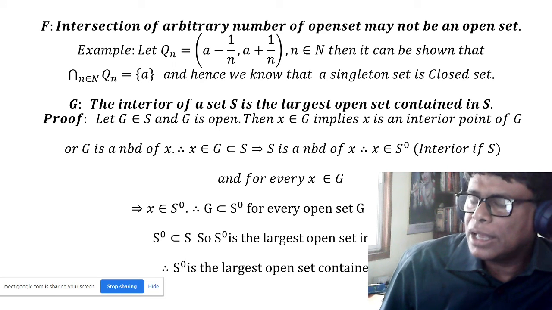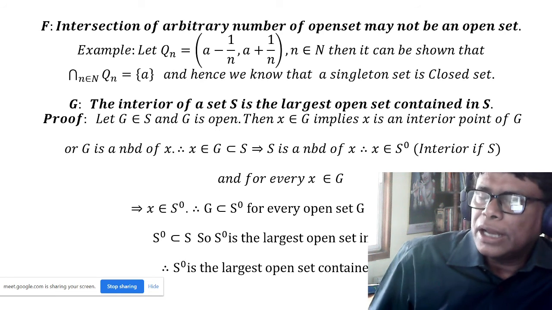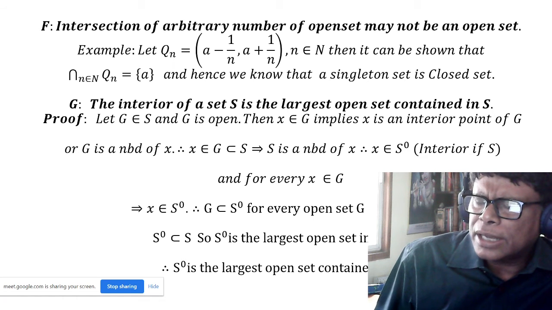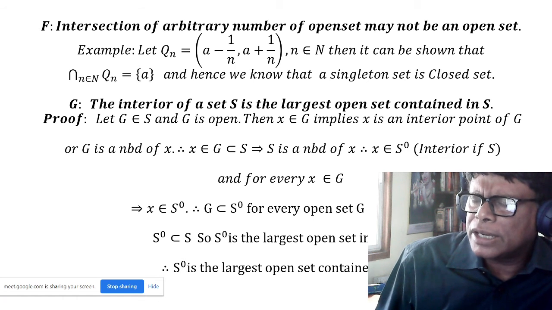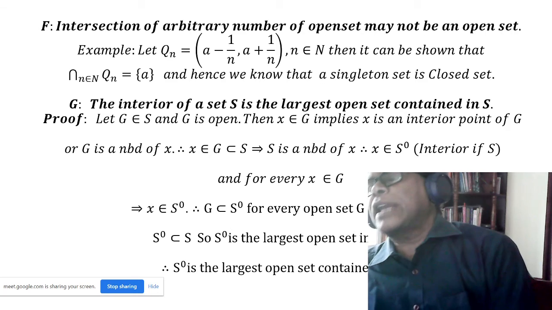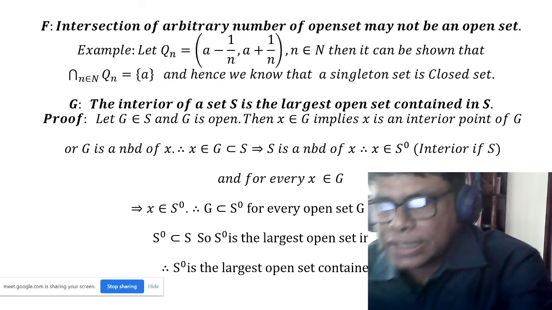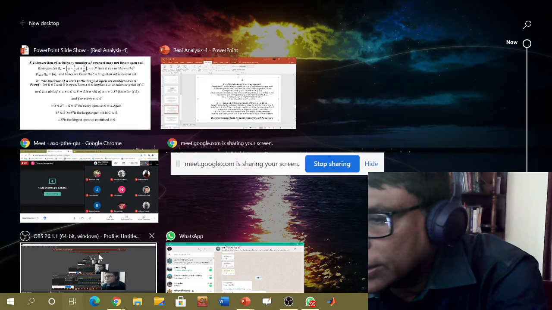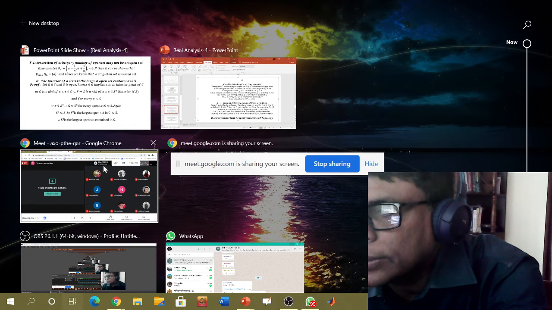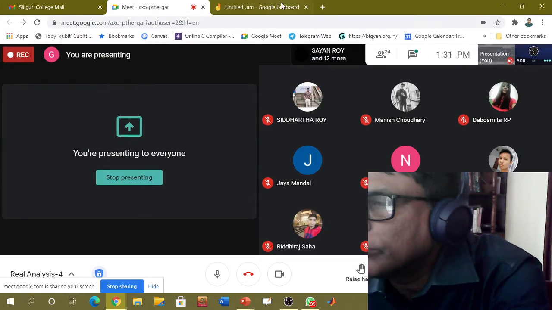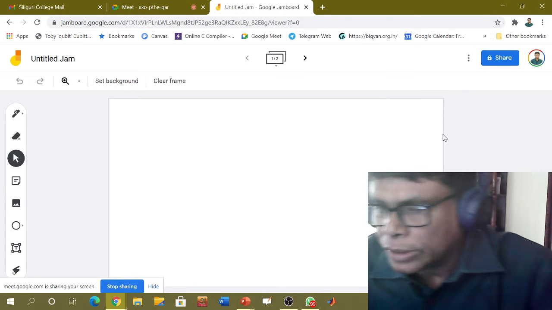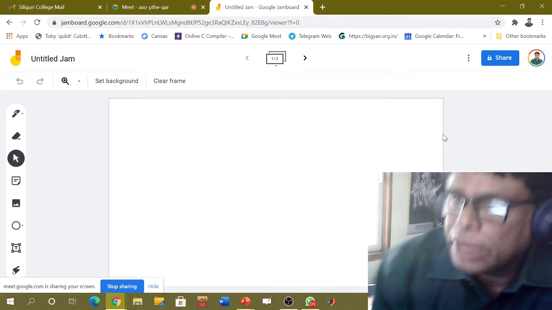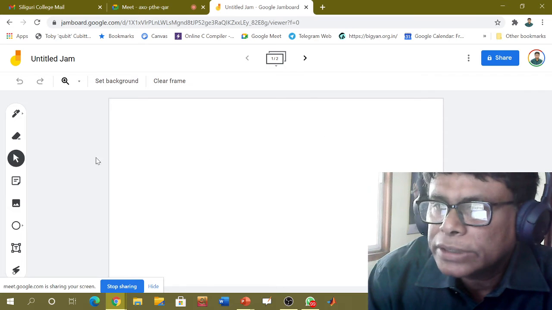That is nothing but the interior of the set. Now, just imagine a circle. Let me show you here. Imagine a circle.